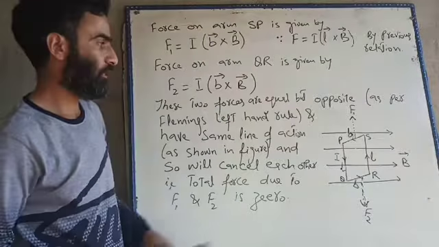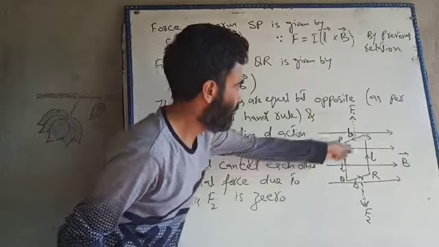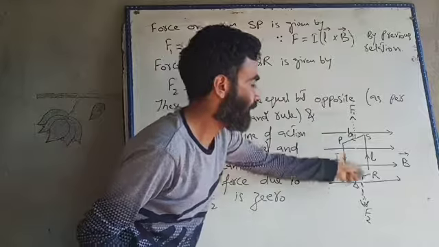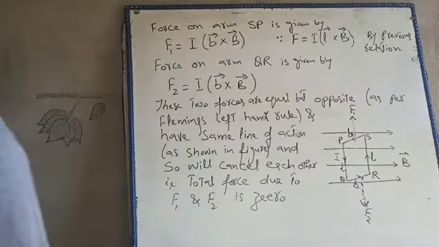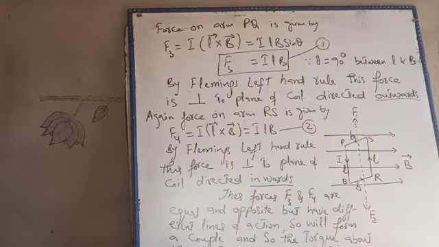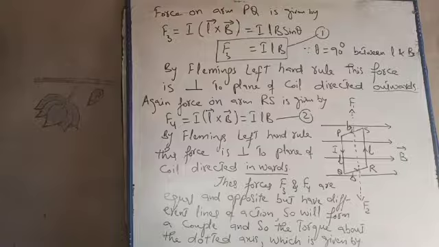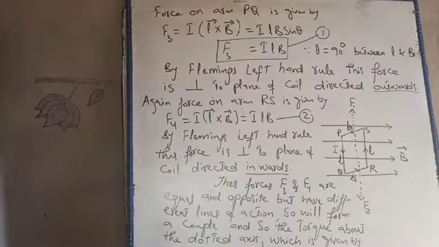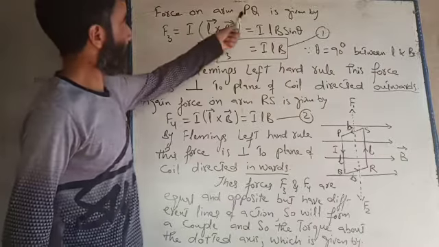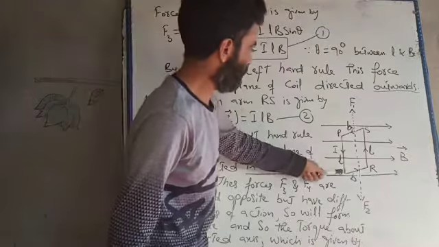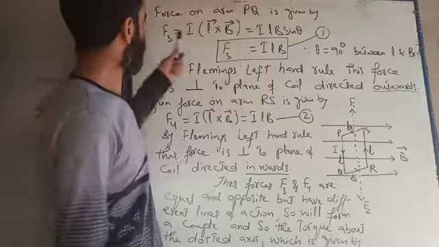Now let us take these two arms, meaning let us take the length of the coil, okay? Now see, this is the force on arm PQ. Again the relation is the same.